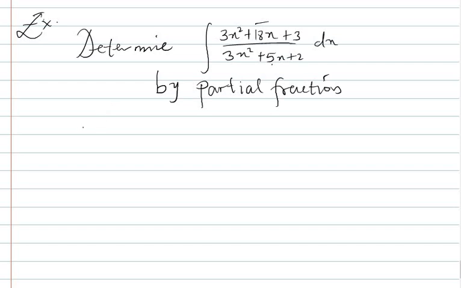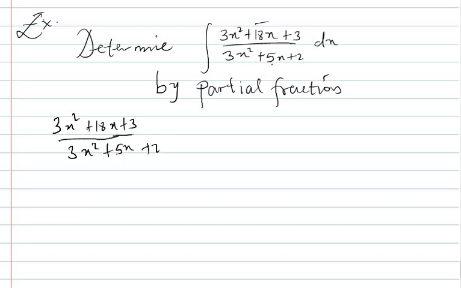Actually, by looking at the properties of partial fractions, there is no way you can solve this other than by resolving it into a long division of polynomials. We were given the expression 3x squared plus 18x plus 3 all over 3x squared plus 5x plus 2.